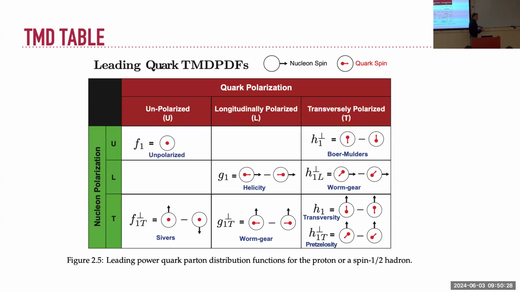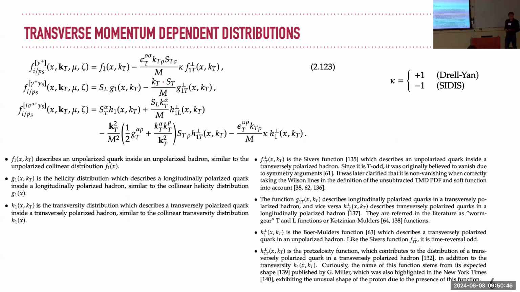We find a lot of functions. This is this famous table of TMDs, and I think those of you who are in the field have seen them. If you think that this looks terrible, think about this. Then I write it in terms of all these functions, in terms of projections with gamma plus, gamma 5, i sigma alpha plus gamma 5. Okay, so they will look like this.